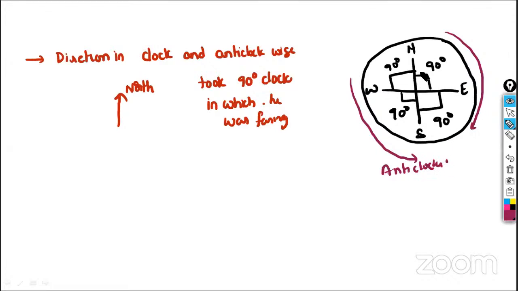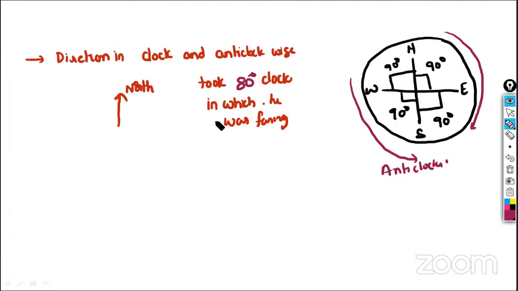Then suppose the person took not 90 degrees, but 80 degrees clockwise. In which direction is he facing now? Okay, northeast, very good.